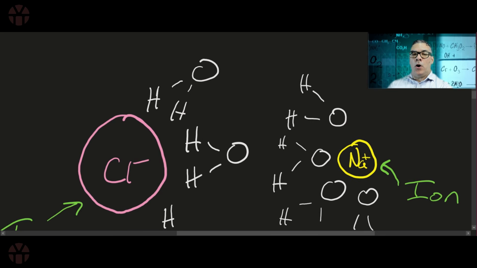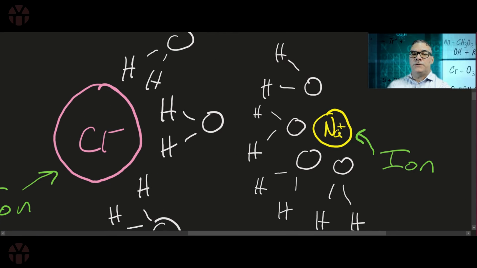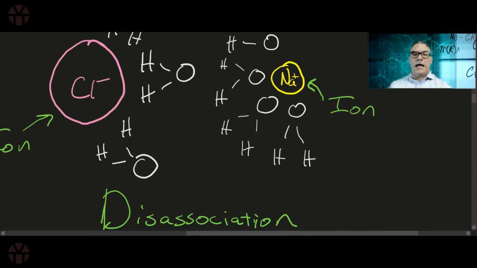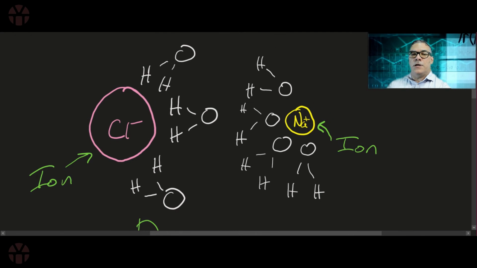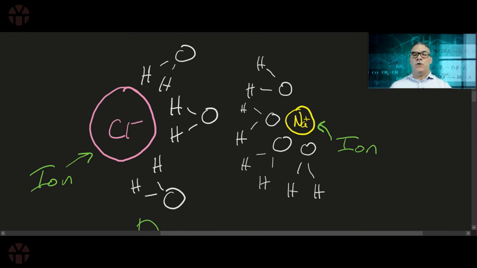As a result, what we end up seeing is that when my sodium and my chloride get pulled apart, we're actually going to see the sodium and chloride ions now separated and surrounded by a bunch of water molecules.